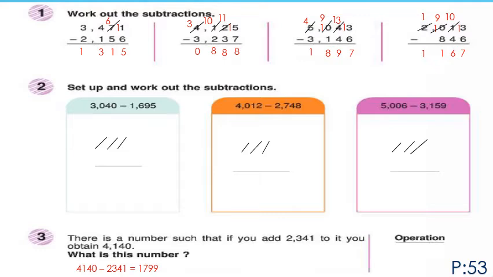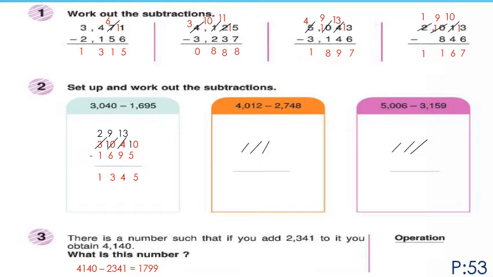Okay, now in the second exercise, we need to set up and work out these subtractions. So 3040 minus 1695, ones under ones, tens under tens, hundreds under hundreds, and thousands under thousands.